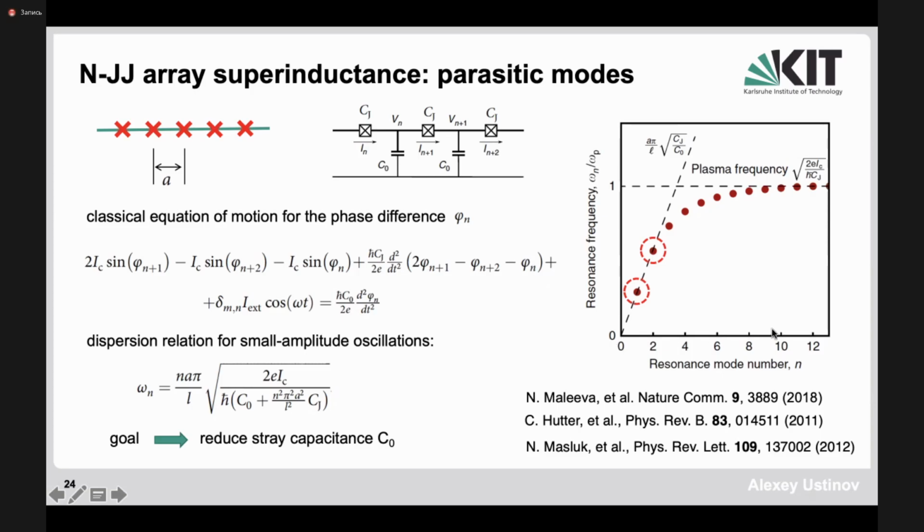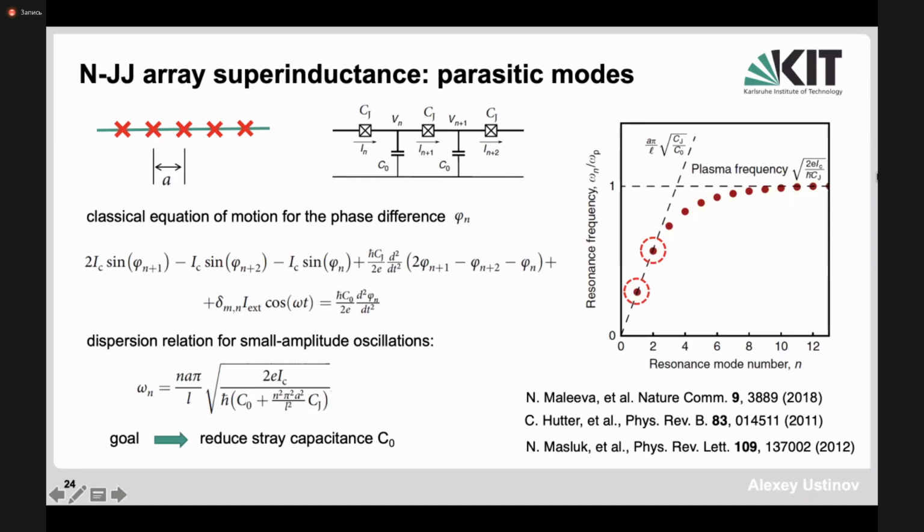It's like the wave number. And this is the frequency. So basically what you see here is the dispersion. And without junctions, if this would be simply capacitances, then these modes will go along this dashed line. But with junctions being here, they will saturate at the plasma frequency of the junctions.